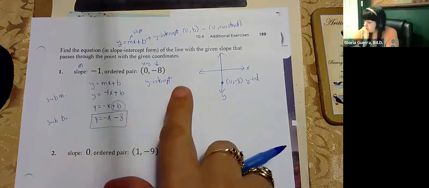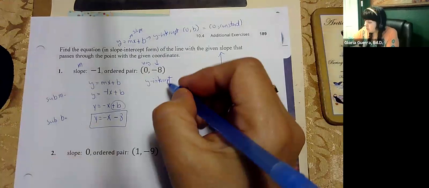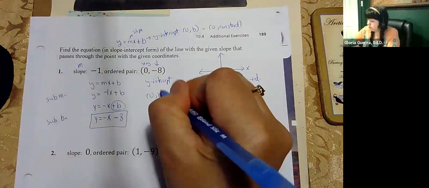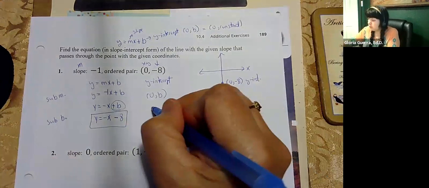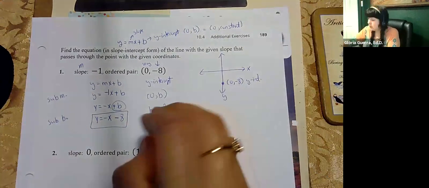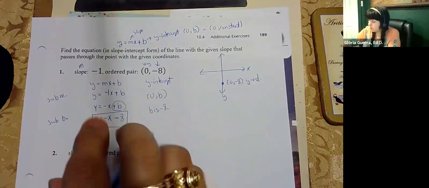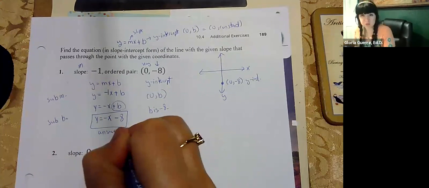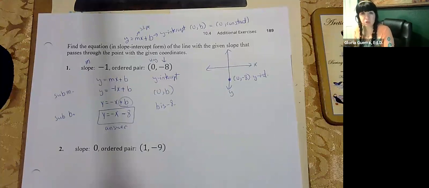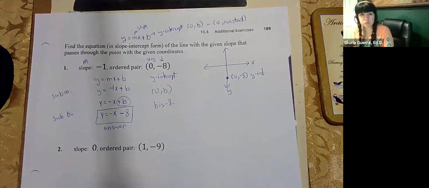See, that's 0, b format. b is -8, and that's what we have here. And that's your answer. So this one didn't really have any algebra. This one was just a lot of plug and chug, just a lot of substitution.